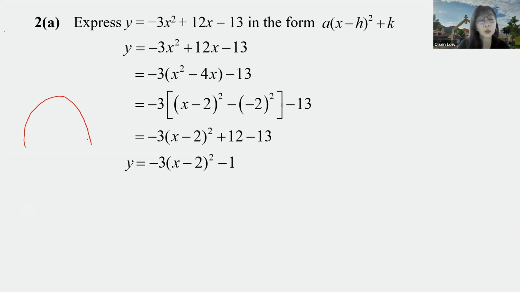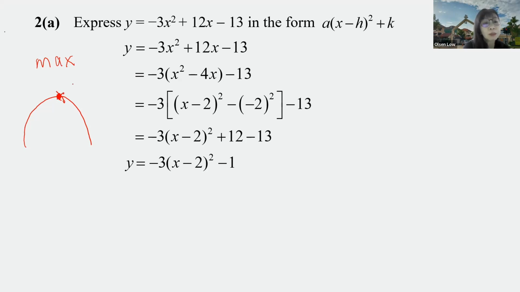When you have a quadratic graph like this, you will be able to get a maximum point, which is here. How do you find the maximum point?